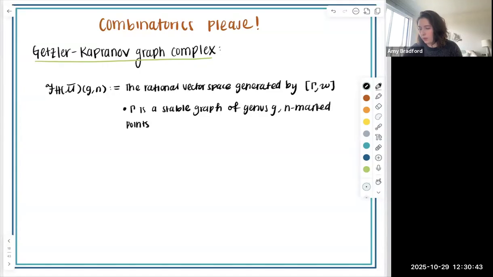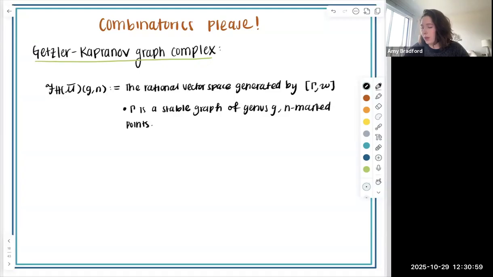And then I'm also going to add in the condition that I'm going to allow extra decorations on my graph. So we're not just looking at graphs themselves, but we're also going to allow decorations on these graphs.